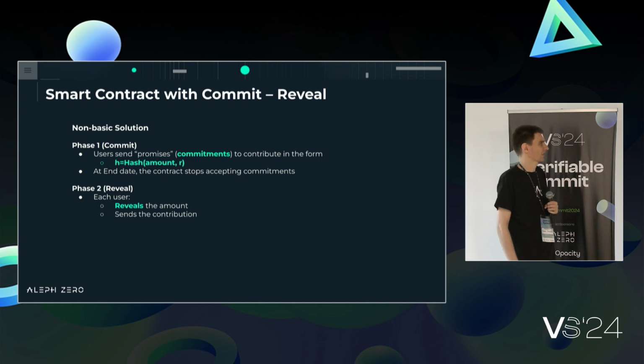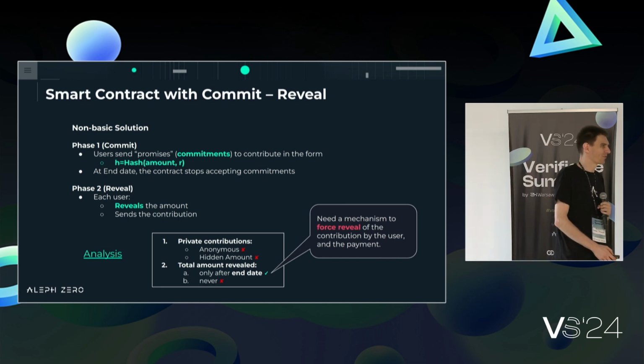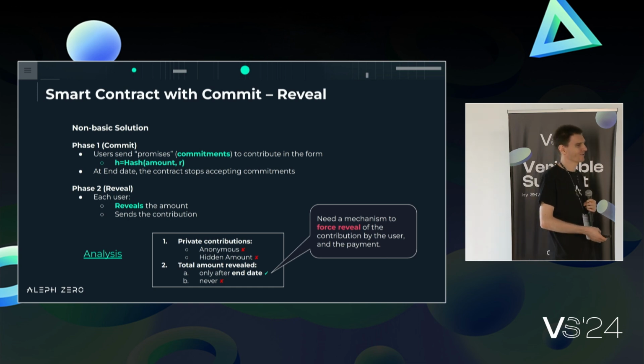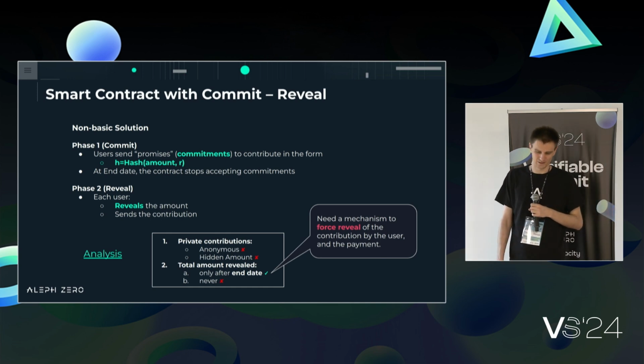So of course, let me first analyze this, assuming that the second phase goes the way we want it. I mean that every user reveals and everything is according to the plan. So in that case, we actually achieve this second property, that the total amount is revealed only at the very end of the crowdfunding.